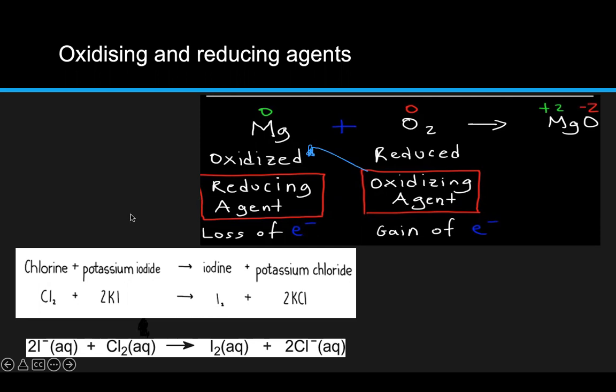Taking a look at another example. It is said that chlorine is a good oxidizing agent. So we have a reaction of chlorine plus potassium iodide gives us iodine plus potassium chloride.